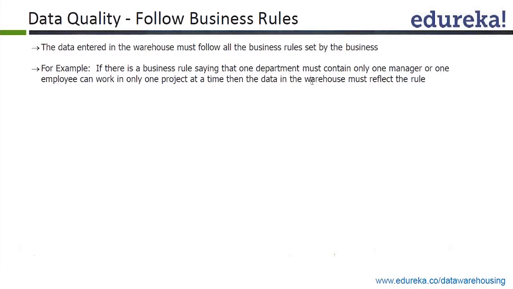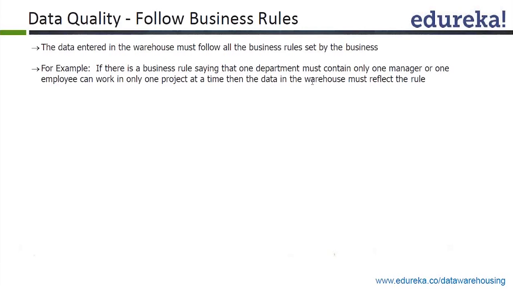This is one of the rules which tells you why it is so different, because business rules on different data for different systems could be different. If it follows that business rule, then your data is good for this particular system, but the same rules don't apply to another system. So the quality is different for different systems.